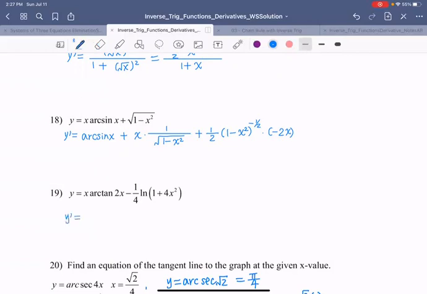So beginning, this is arctangent. We can copy down arctangent 2x because this is, I think, the product rule at the beginning. X's derivative is 1, so we copy down arctangent 2x plus, is it like x over x squared?